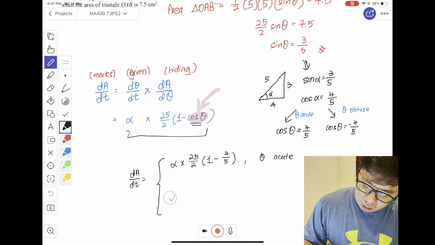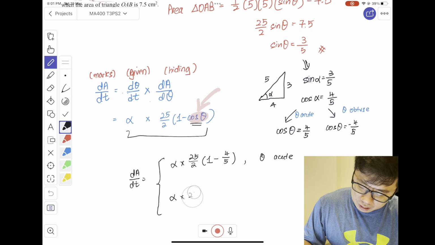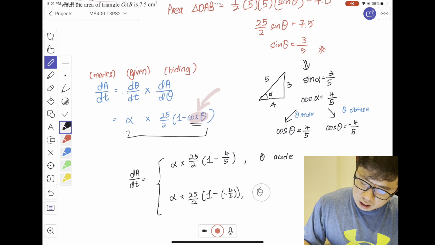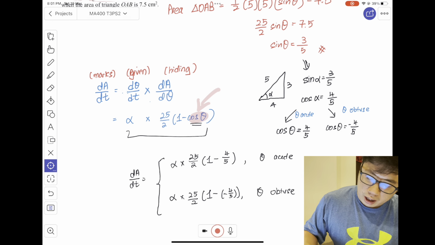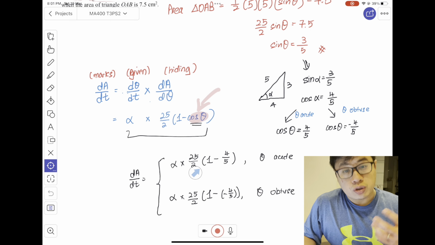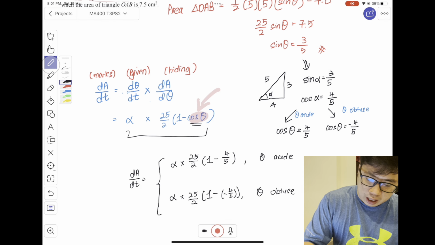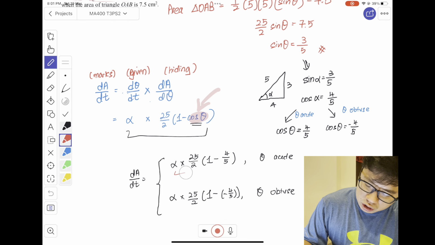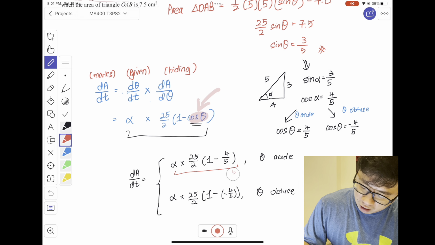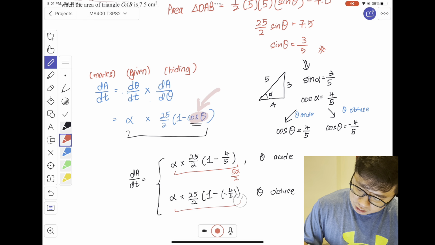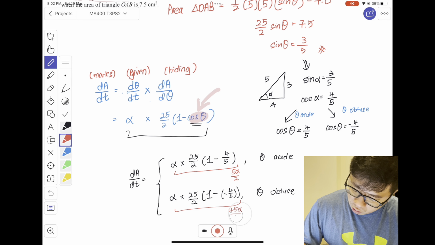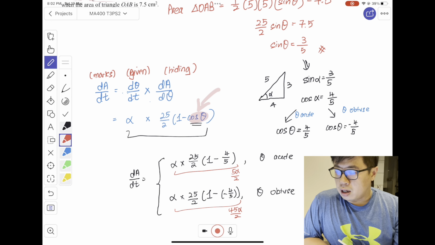Or it can be alpha times 25 over 2, times 1 minus the negative of 4 over 5, if theta is obtuse. So you realize that dA/dt is not so easy to find, because there are two sets of answers. Simplifying this, the final answer should be 5 alpha over 2 if theta is acute, and 45 alpha over 2 if theta is obtuse. So that's all for this question.